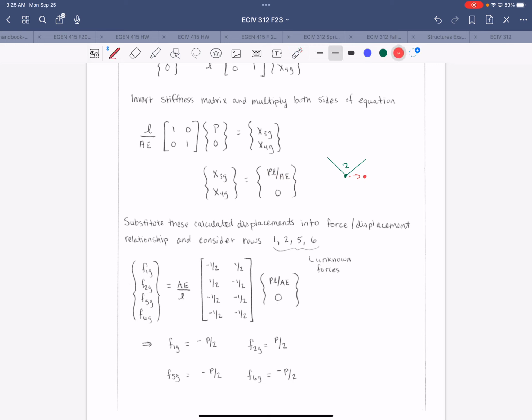So it's not going to move down or up. And then we can imagine what that's going to do to the bars that are attached to node 2. All right, so we can expect one to shorten and one to lengthen.